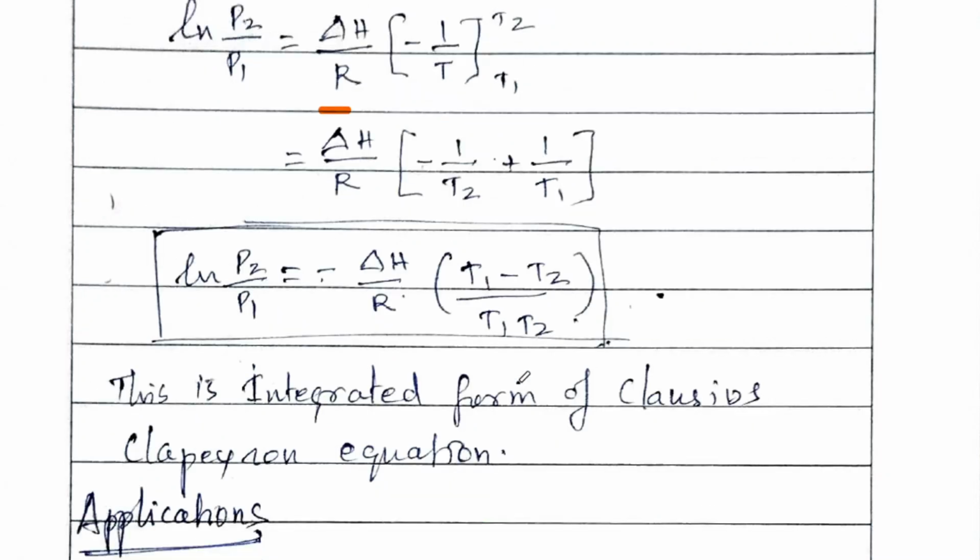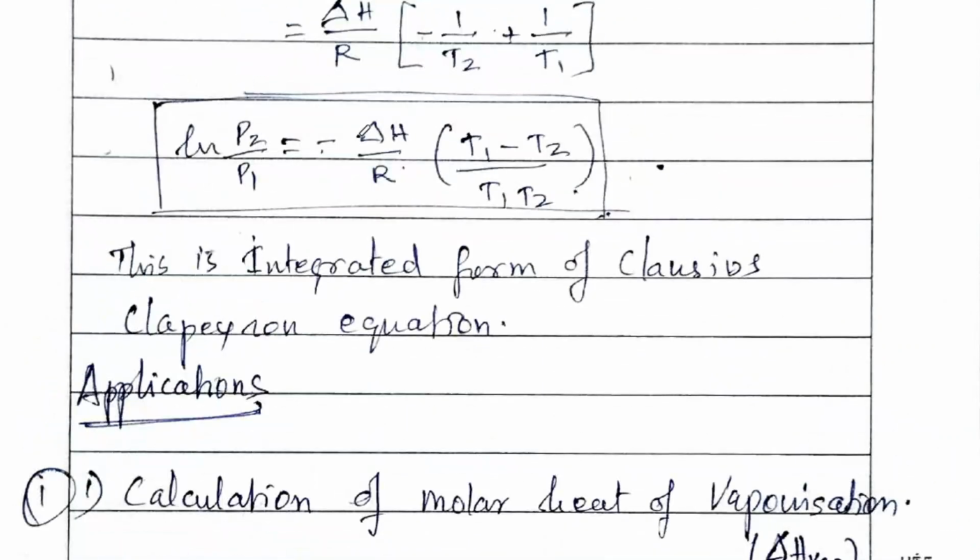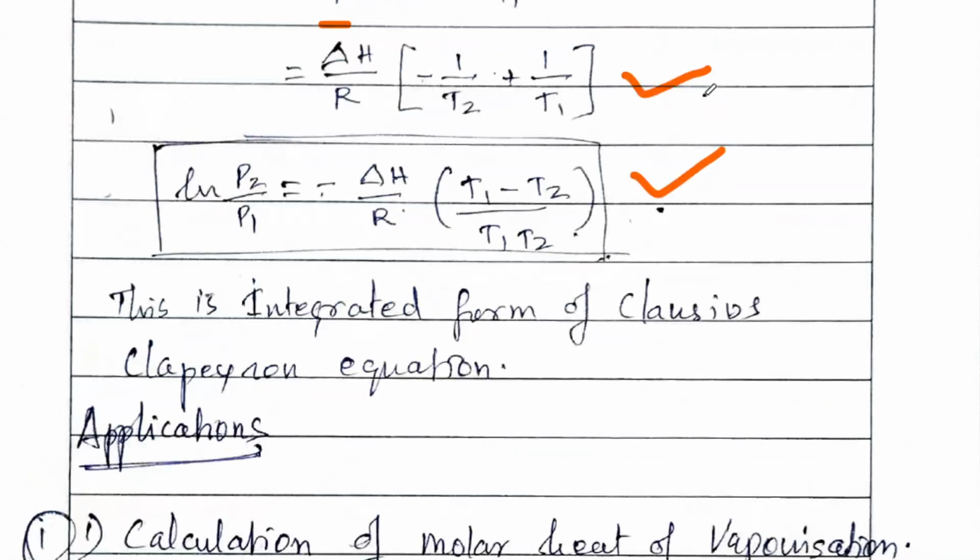And this is the integrated form of the Clausius-Clapeyron equation. Sometimes we use this equation for problem solving, sometimes the other, depending upon the situation.